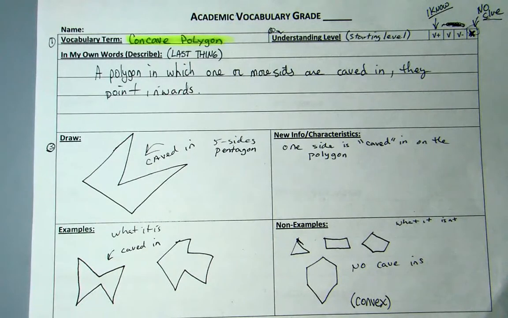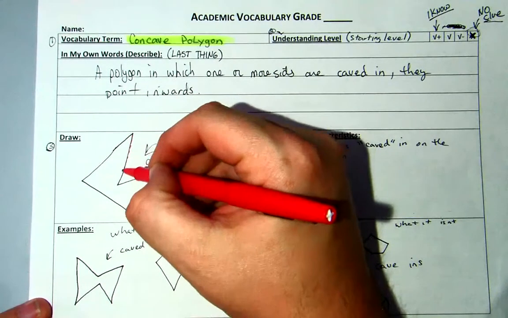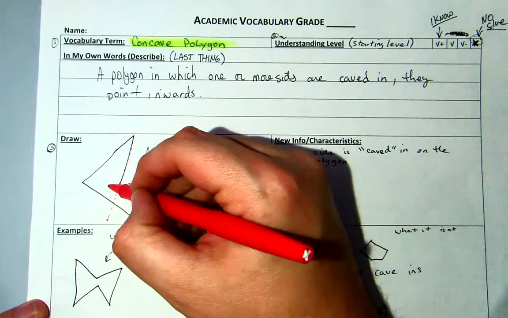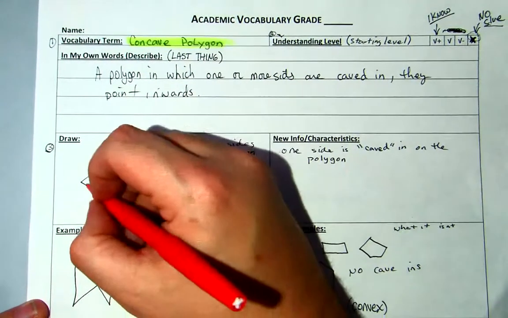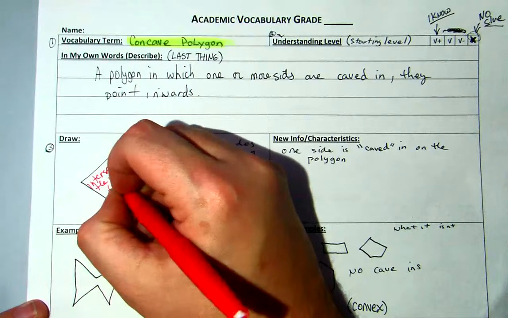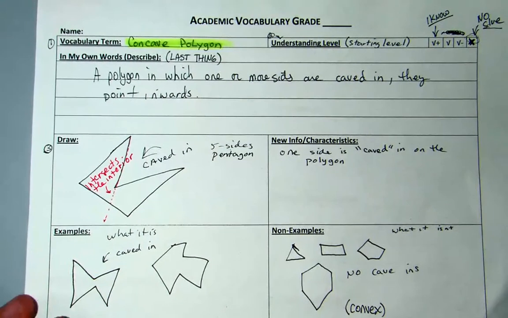No, it isn't. The true mathematical definition of a concave polygon is if you were to extend one of the sides out like this, see this part right here? It intersects the interior. But you know what? We might not be ready for that idea.